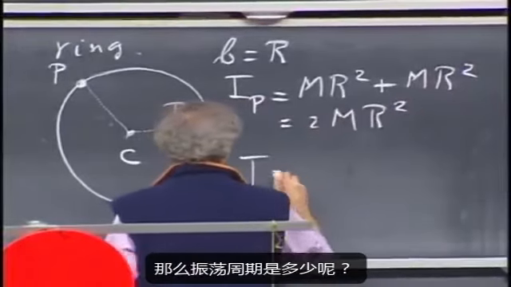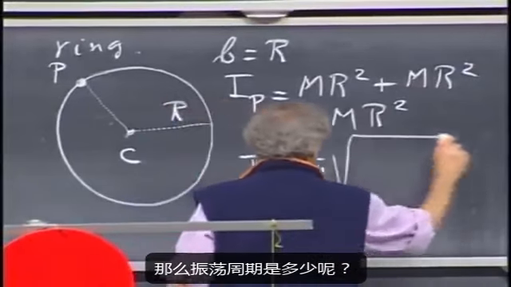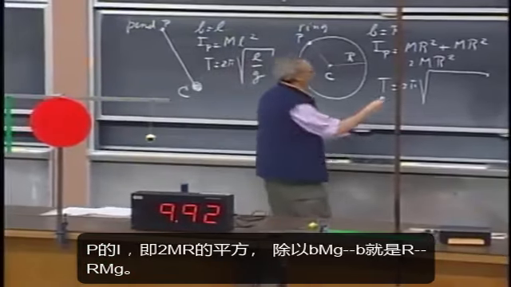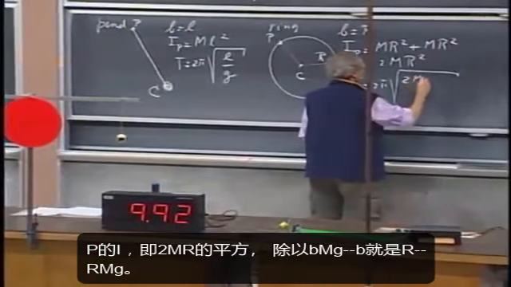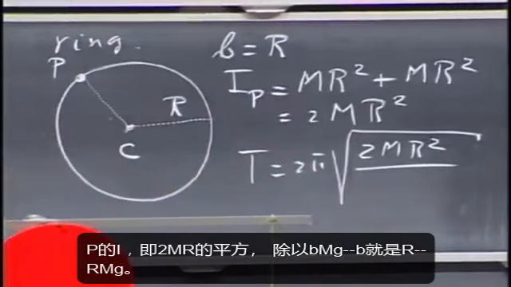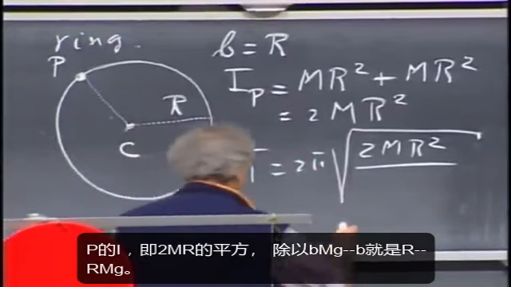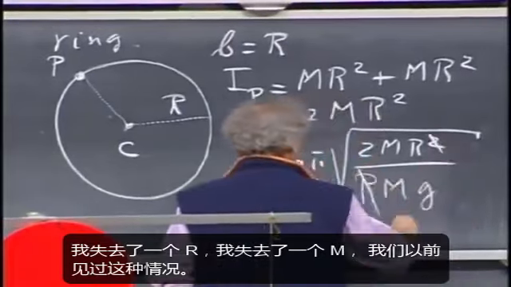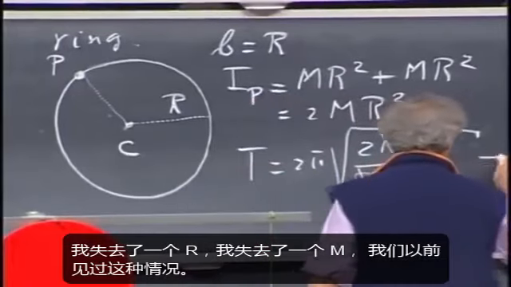So what is the period of an oscillation? I of P, that is 2mr squared, divided by bmg, b is r, rmg. I lose one r, I lose an m, and we have seen this before.